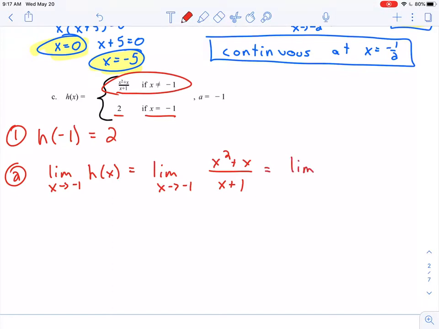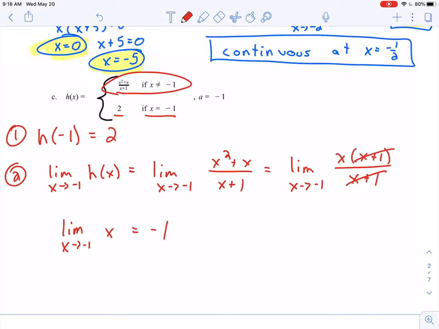So limit as x approaches -1, I'll have x times x plus 1 divided by x plus 1. And then, yep, right there, we can cancel those two things out, and I'm just left with x. So I'm really looking at the limit as x approaches -1 of x, and if I plug -1 in, I just get back -1.